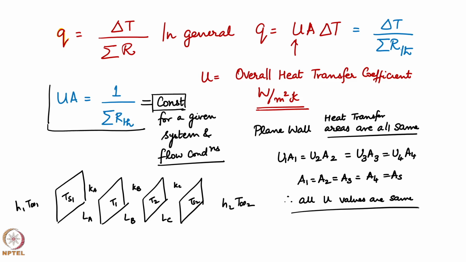Why am I going through this so much when it is all the same? Well, we bring the concept of radial system or cylindrical system. If I have a cylinder, this surface area is 2 pi r L or pi d L, correct.